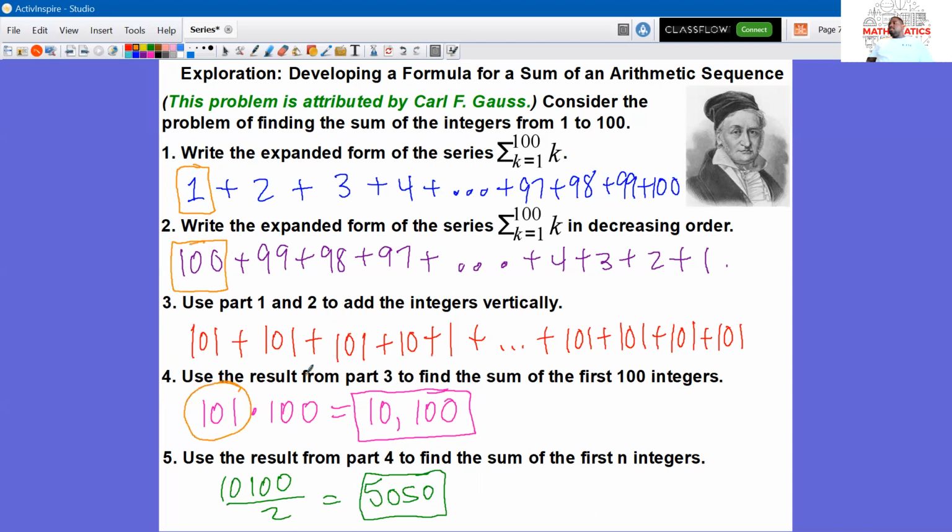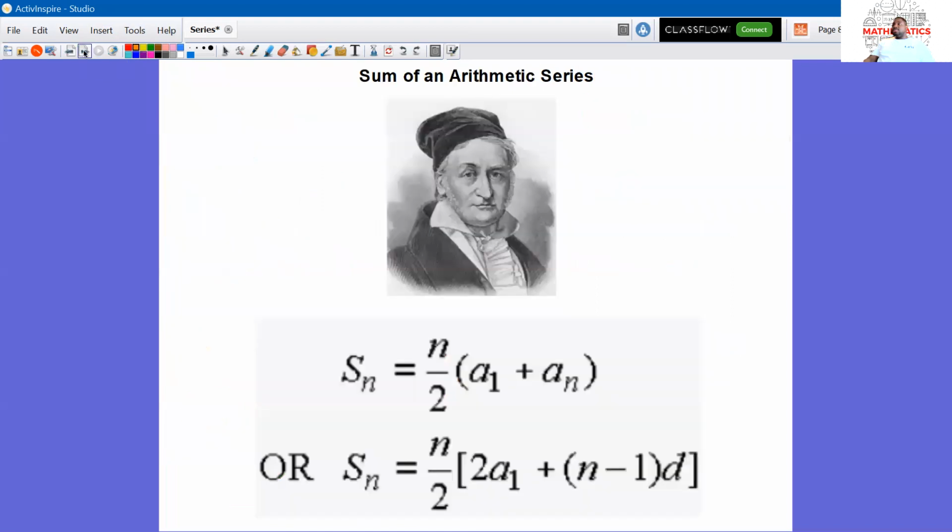So it's that number. And then we divided 100 by 2 because we added twice. So that's interesting. And that actually leads to a formula for finding a sum of an arithmetic sequence or series.